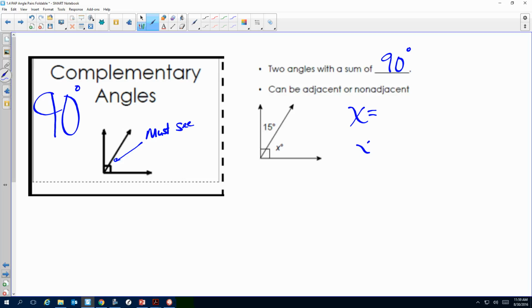I can say x plus 15 equals 90 degrees, or I can say 90 minus 15 will give me my x. So what's the value of x? Now, you would just write that in the interior, in between the two sides of the angle. Okay with complementary? That's pretty simple. Let's go to the next one.